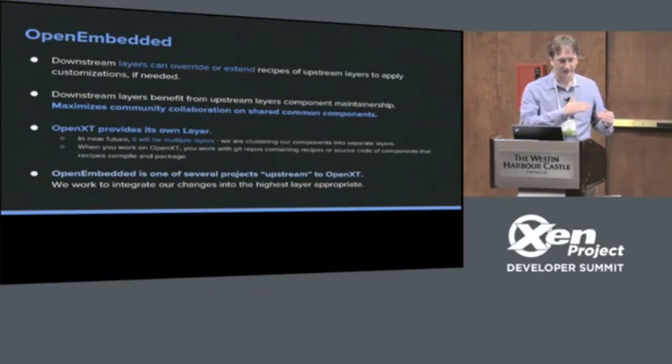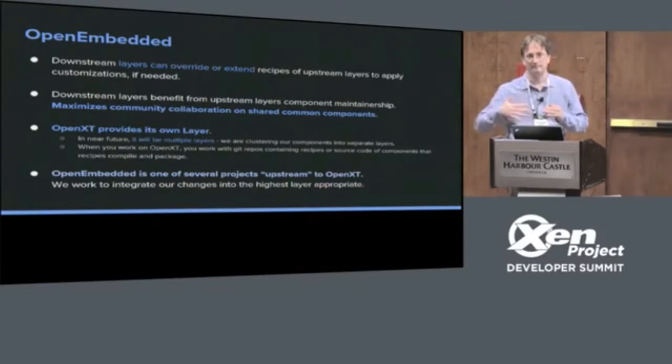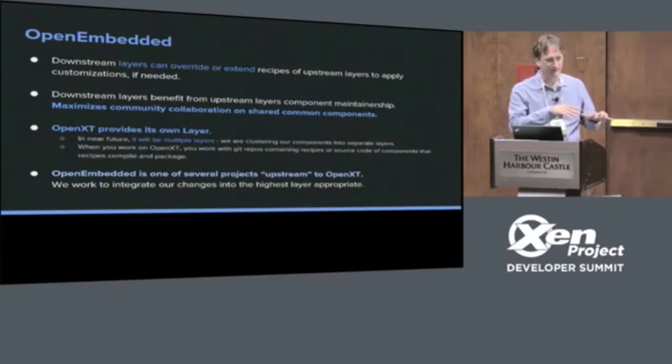And downstream layers can choose to override, extend, customize, and tweak packages that are present in the upstream layers. And so the downstream layers benefit from the fact that the upstream layers are maintained and curated and kept up to date, kept patched for security fixes.